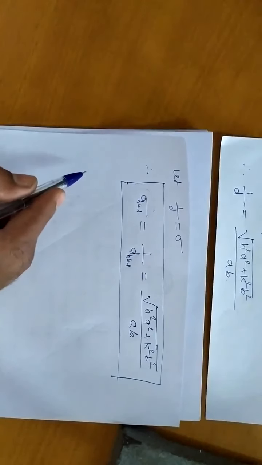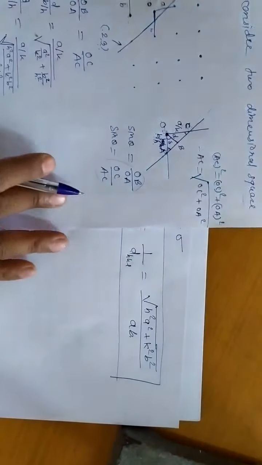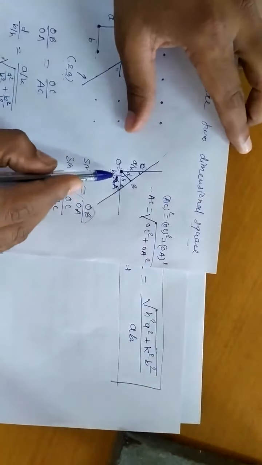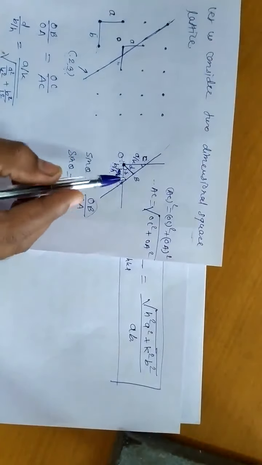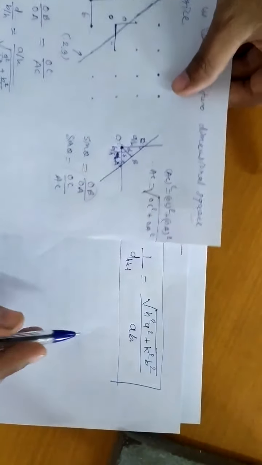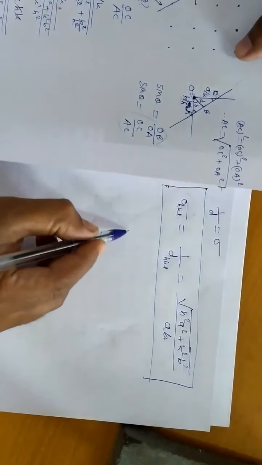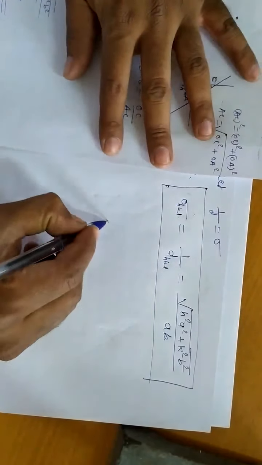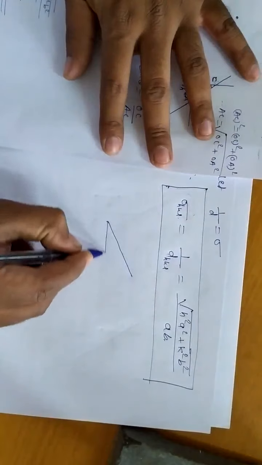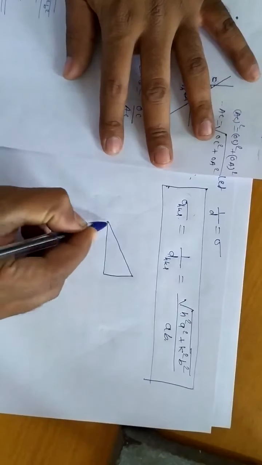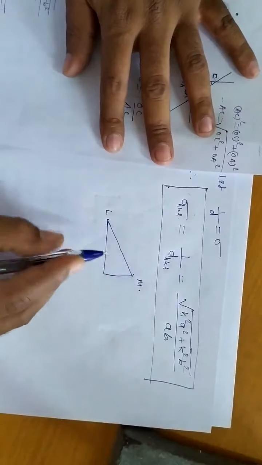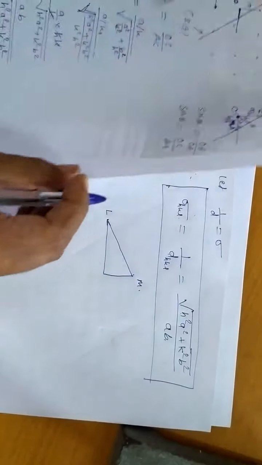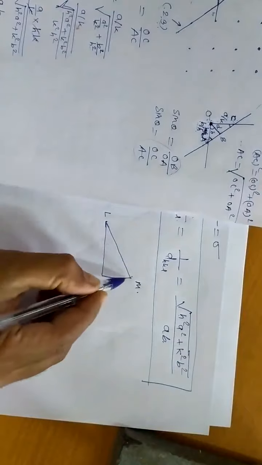Now let us consider the reciprocal of this lattice point, and this lattice point is suppose like this. This point is suppose L, this point is suppose M, and this represents the reciprocal of this distance.